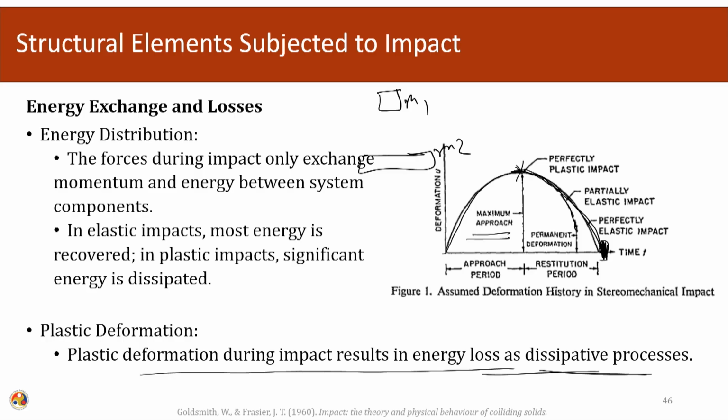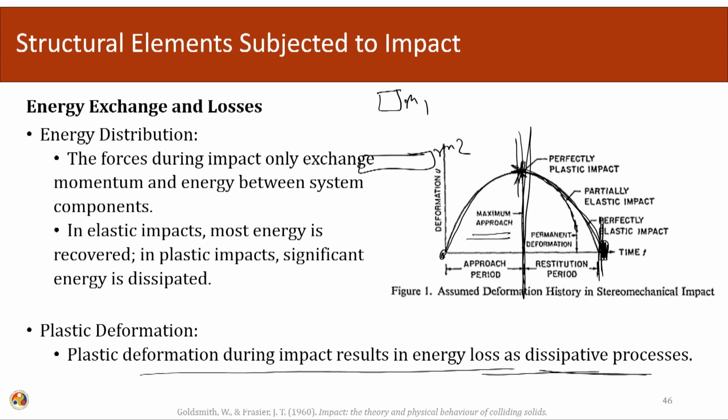So, if whole of the system goes into the plastic region, there is no recovery in the system, and there will be a permanent deformation in the system. So, whatever is the thing achieved at the approach, this becomes the permanent deformation in the system, whereas in the elastic impact, the deformation comes back to its original state.